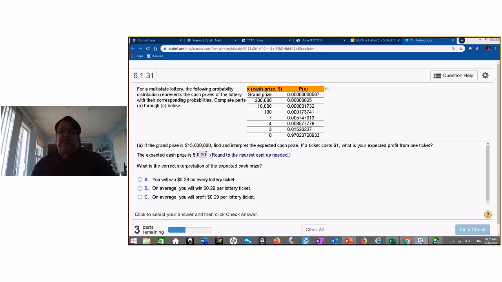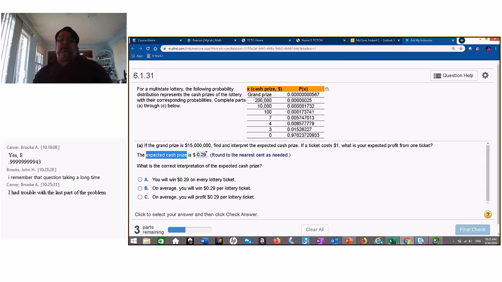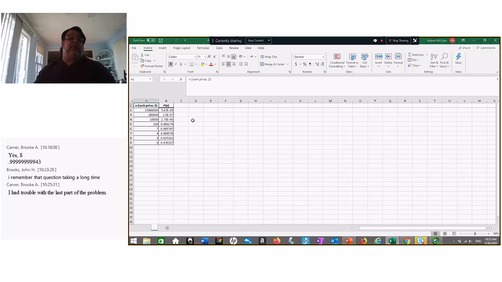Find the mean. So you need to make a note on this. Do not treat this one like the insurance question because of what it said, expected cash price. Don't just erase that expected cash prize and say find the mean. Because that's what we're doing. We're finding the mean. So here we go.